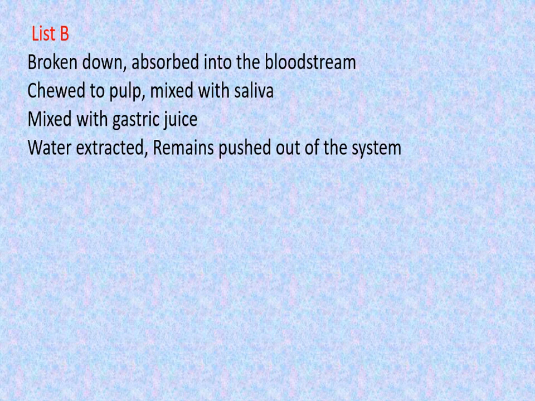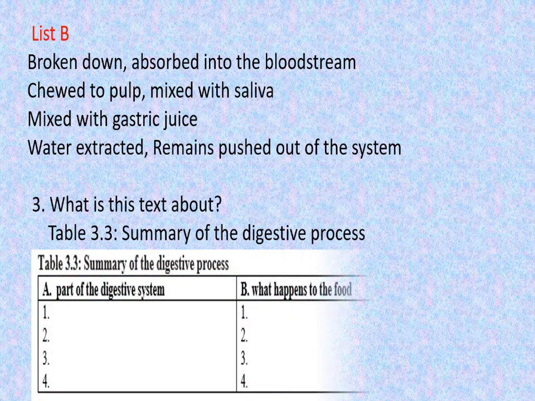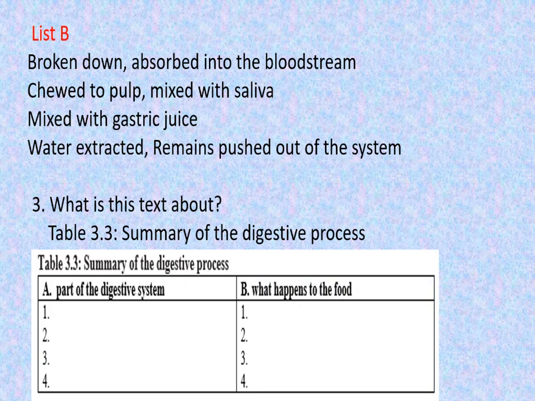Take note of list A and also pay close attention to list B. That is number 3. What is this text about? So the summary of the digestive process using the lists in number 2, you're going to put the part of the digestive system and what happens to the food because of that part.